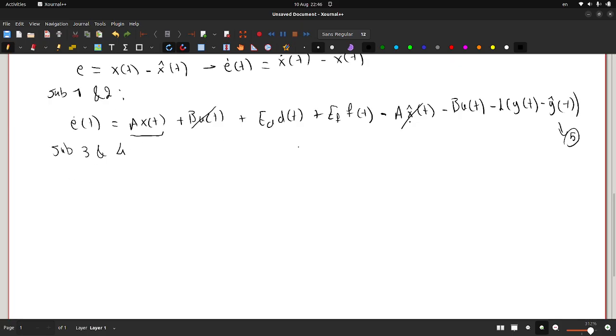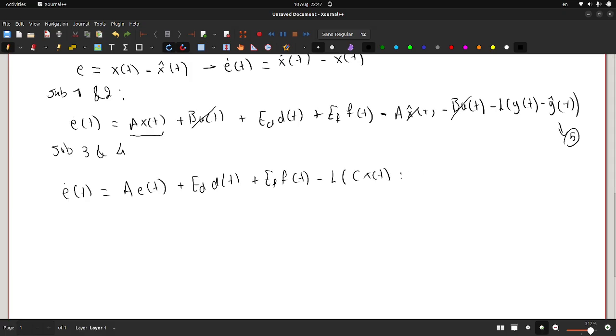Knowing that we can cancel bu of t with bu of t, and knowing that x of t minus x hat of t equals e of t, we can simplify to e dot of t equals a e of t plus ed d of t plus ef f of t minus l times y of t, which was cx of t plus du of t plus fd times d of t plus ff f of t, minus y hat, which was cx hat of t plus du of t.